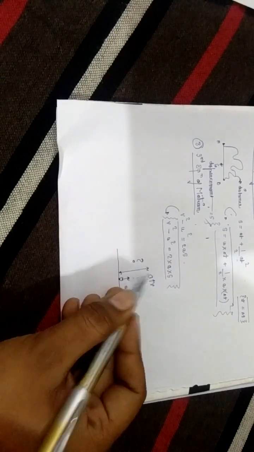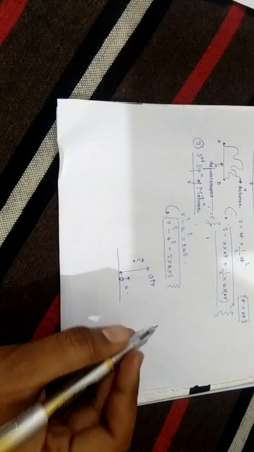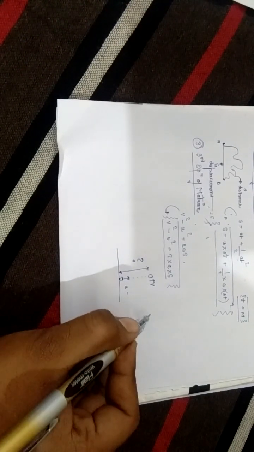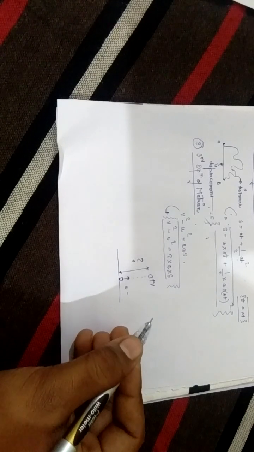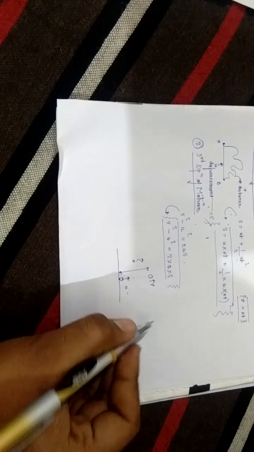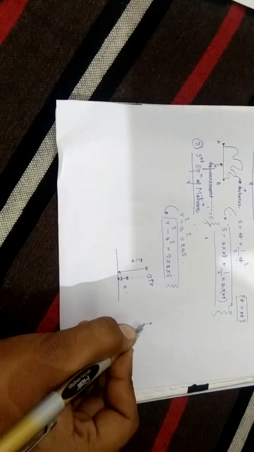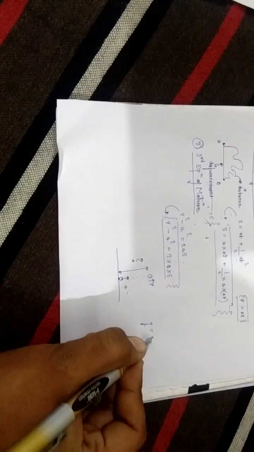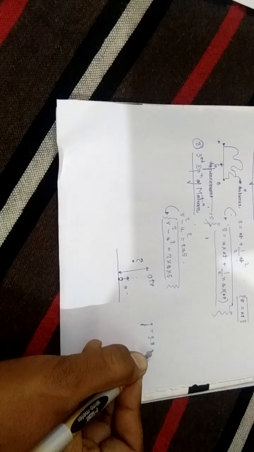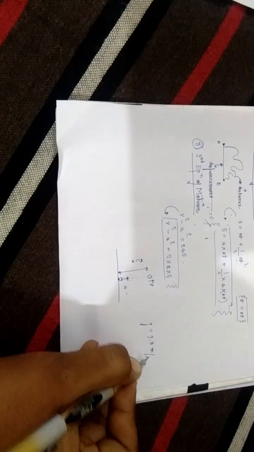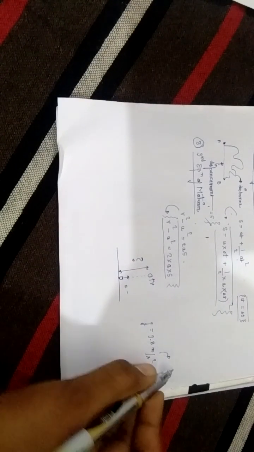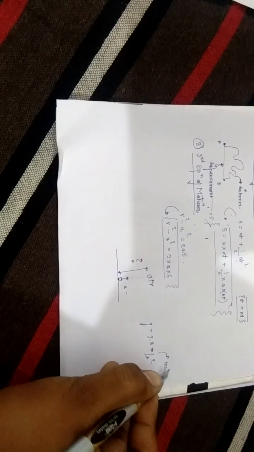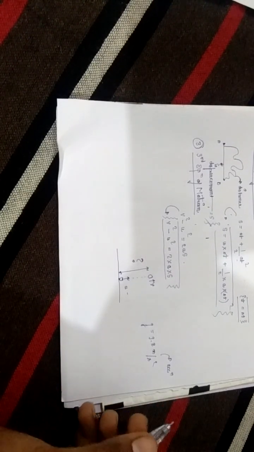We don't know the displacement, but we know that gravity exerts a uniform acceleration equal to g, and the value of g is 9.8 meter per second square.